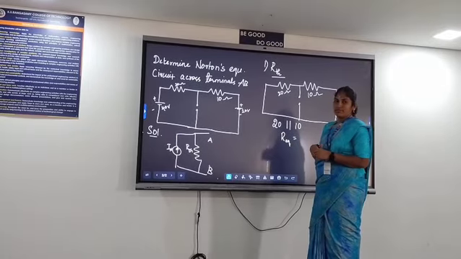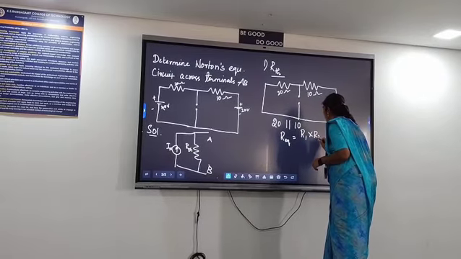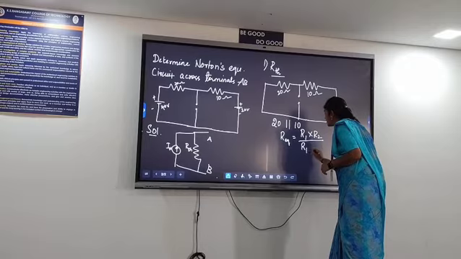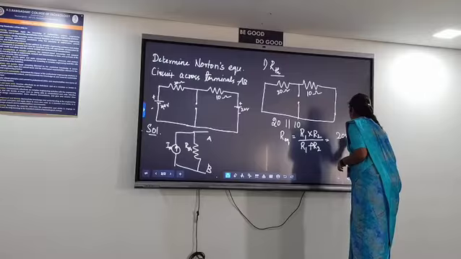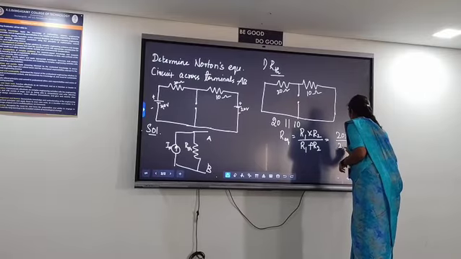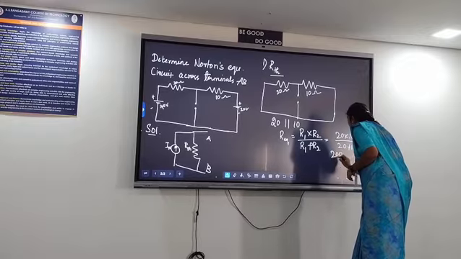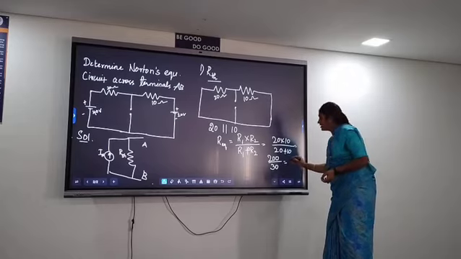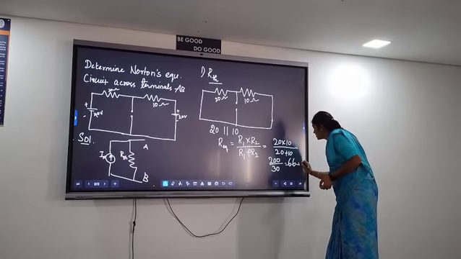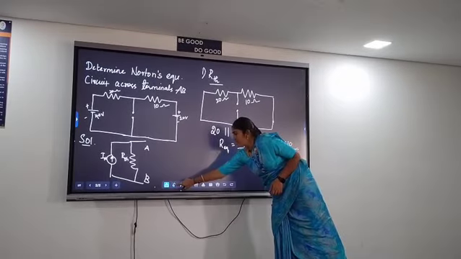To find the equivalent resistance, R1 cross R2 divided by R1 plus R2, which is 20 cross 10 divided by 20 plus 10, equal to 200 divided by 30, which is 6.66 ohm. So the value of RTH we have found is 6.66 ohm.